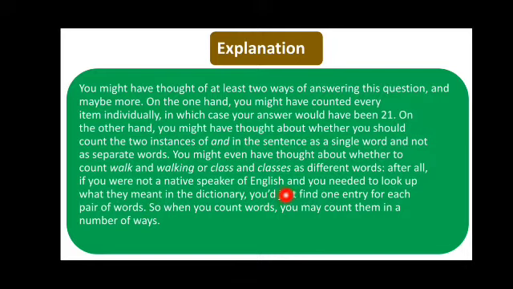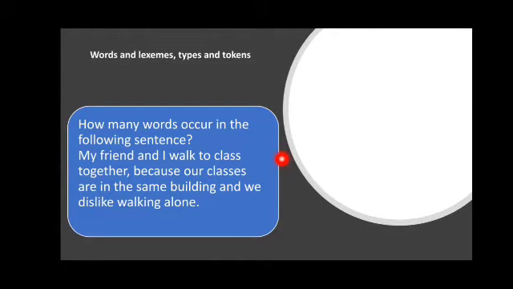If you count "classes" and "class" as one word, and "walking" and "walk" as one word, then you may have counted 16 words. Then you are taking word as lexeme. So sometimes you may take word as lexeme, sometimes as type, and sometimes as token, right? Let's discuss this notion further.